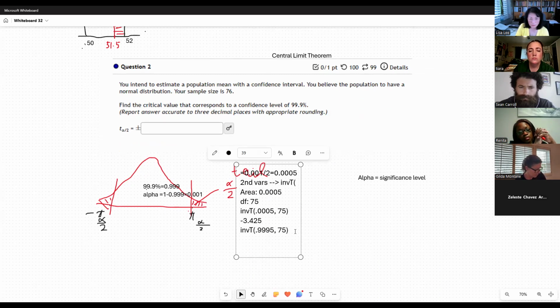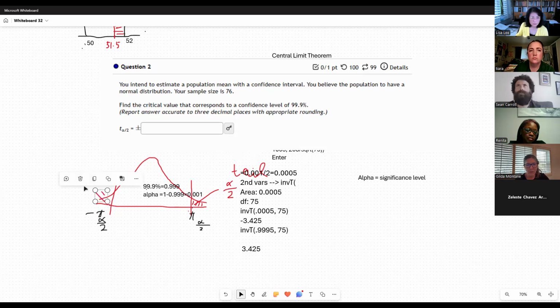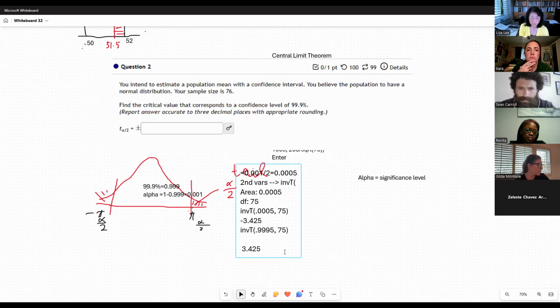You will come out with 3.425, because the area to the left is 1 subtract this small area here. This small area here is 0.0005. This is 0.0005. And the calculator requires area to the left. Okay, so that's fine. You need to do that.